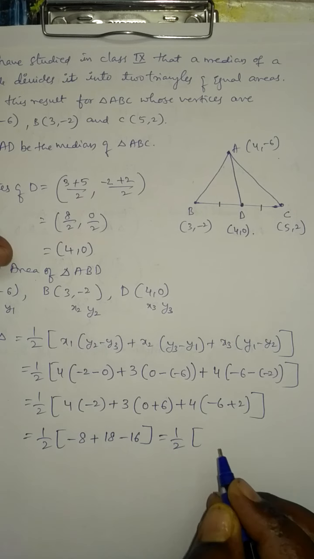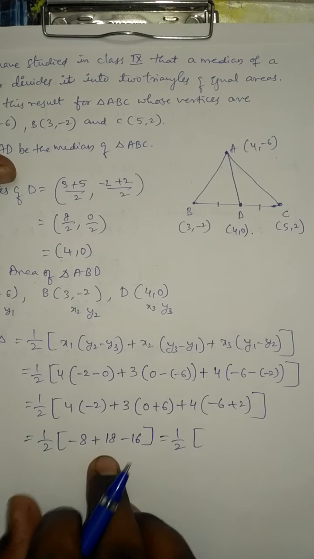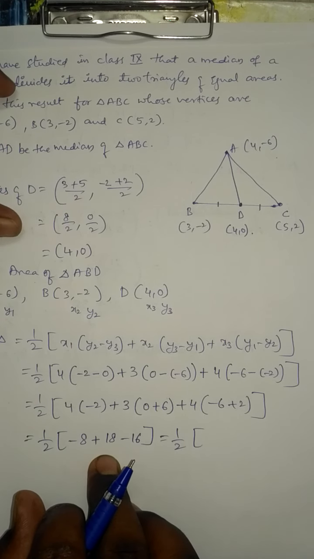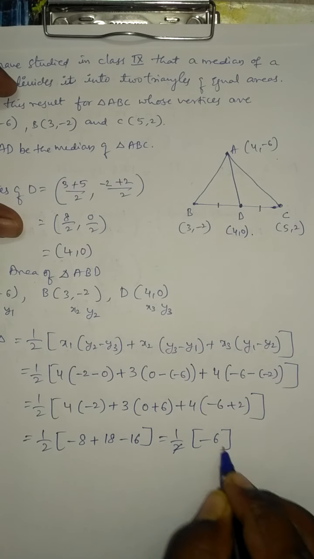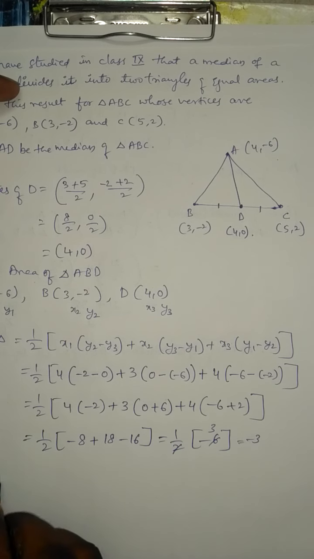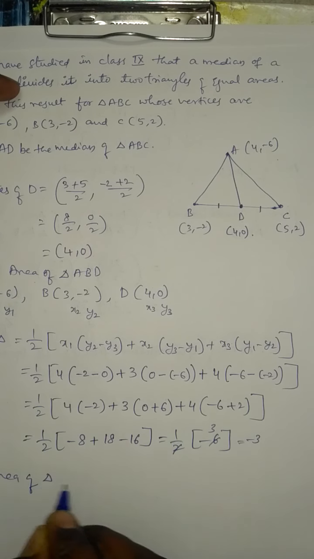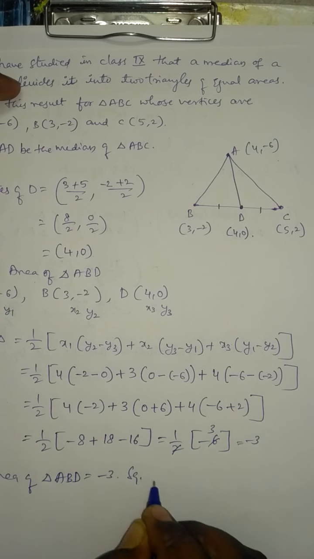Half into, here minus 8 plus 18 is plus 10. Plus 10 minus 16 is minus 6. So 2 ones are 2, 2 3s are 6, so this is minus 3. Therefore, the area of triangle ABD is equal to minus 3 square units.